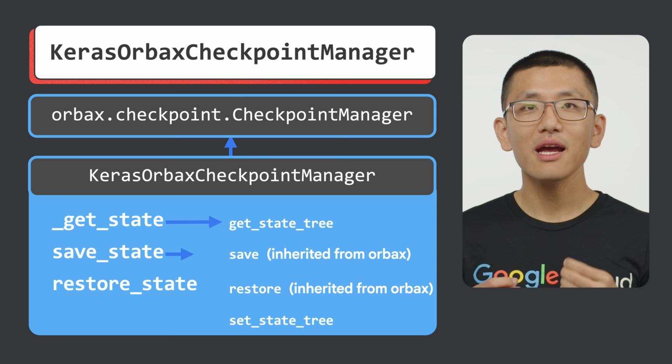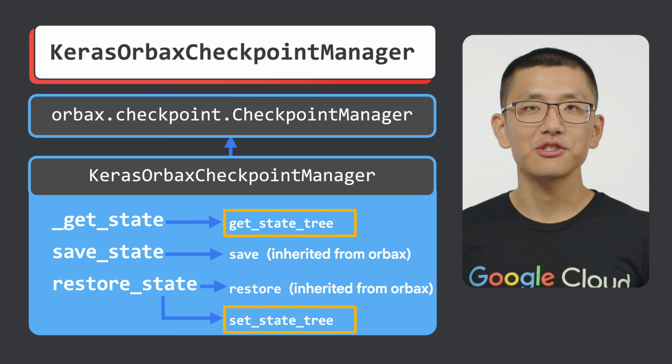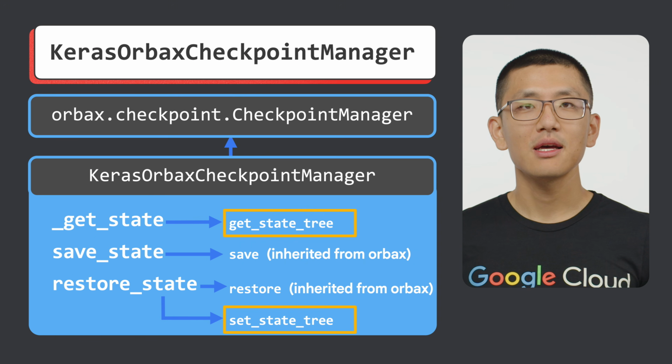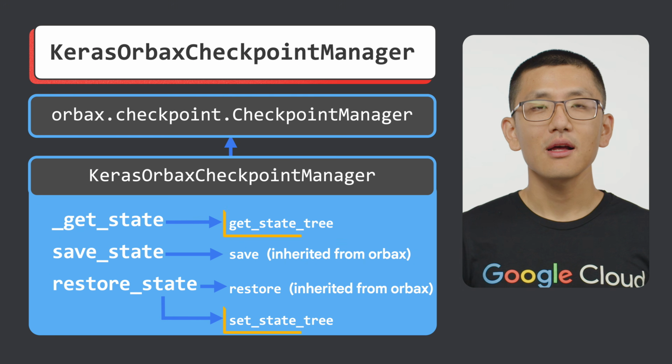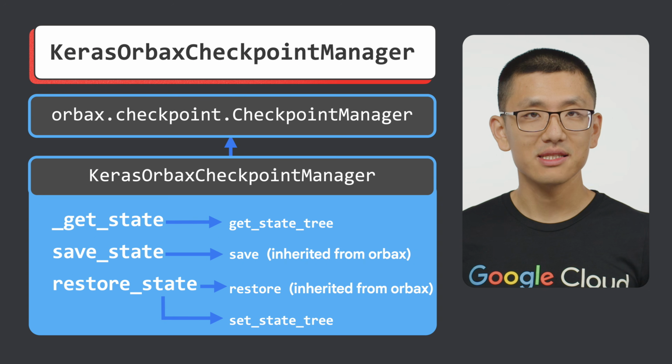KerasOrbaxCheckpointManager will use the Keras model's internal getStateTree and setStateTree APIs to save and restore the model variables, including weights, optimizer state, and metrics. Let's look under the hood and see each of these functions in more detail.